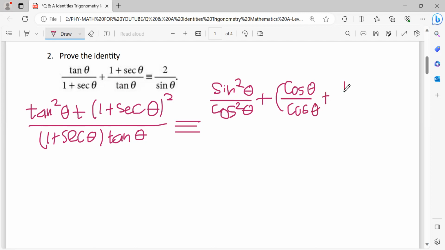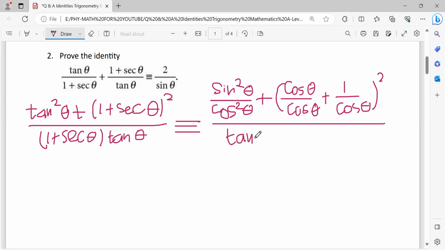plus 1 over cosine theta, all squared, over tangent times 1, tangent theta, plus tangent theta times secant theta.